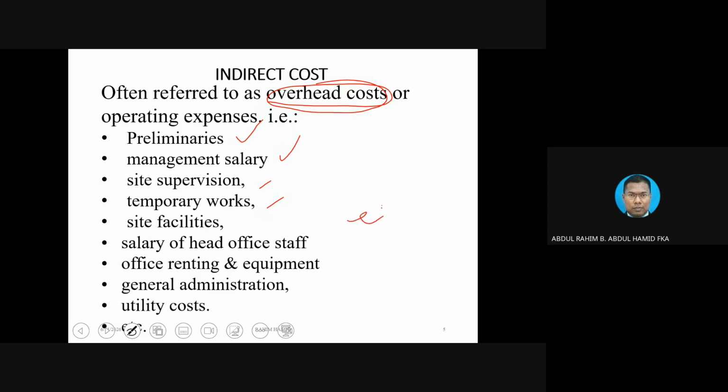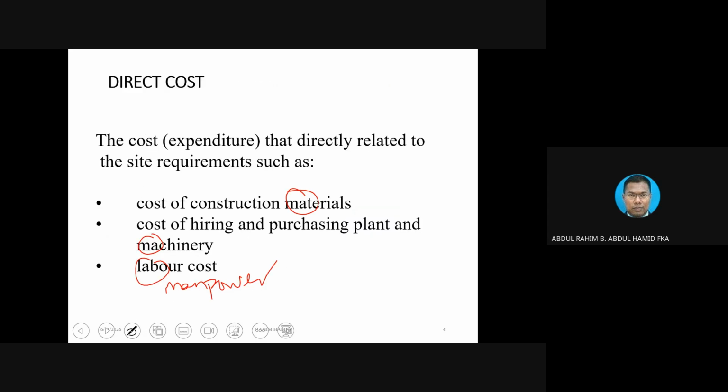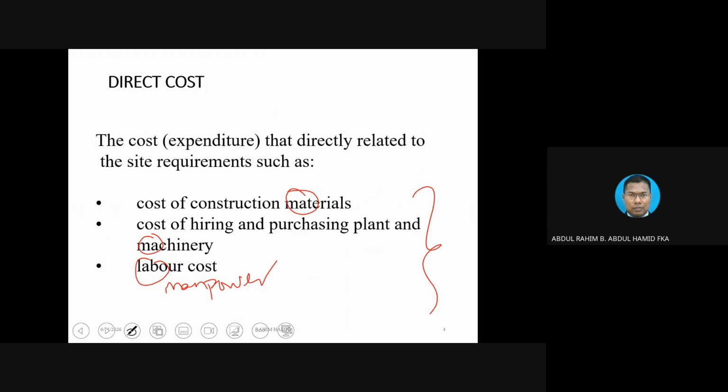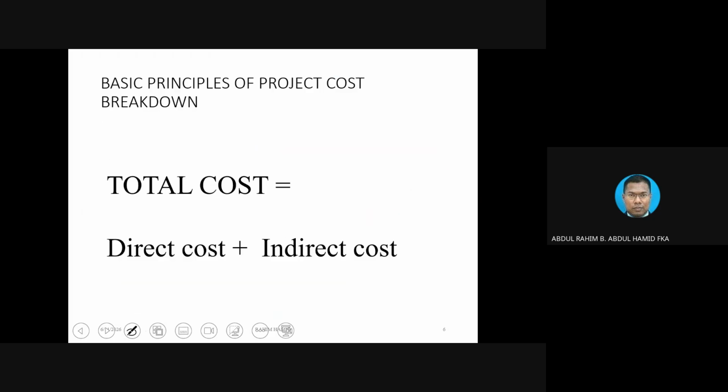Other than the three items we mentioned, all the costs will go into the indirect cost. But it is not a lot, only less than 10%. The big portion goes into the direct cost, 90%. When we add these two dimensions together, direct cost and indirect cost, we get total cost.